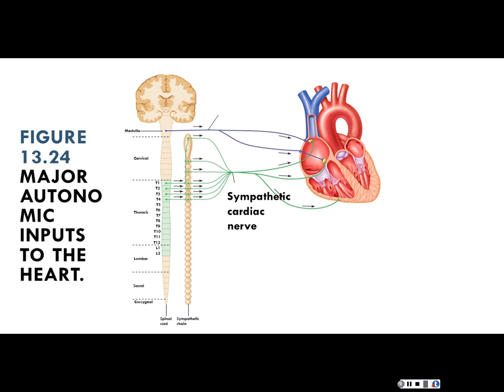I want you to acknowledge that the sympathetic nervous system terminates in 3 primary places. The first would be at the SA node. So our sympathetic nerves terminate or end at the SA node, or you could say release neurotransmitter at the SA node, but also on the AV node.